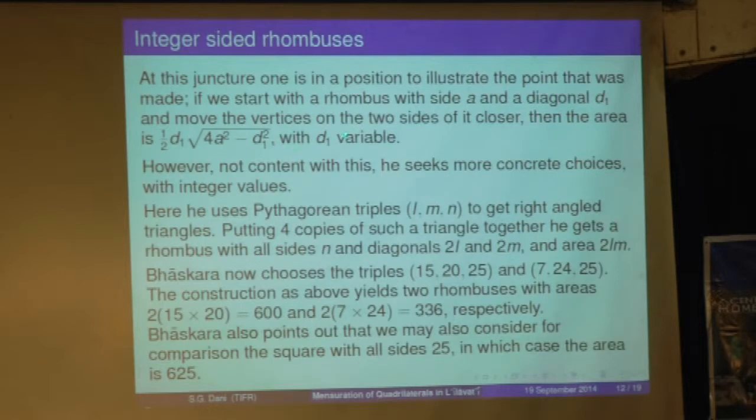Now he's not content with this general formula; he would like to actually construct specific examples, and for that he bases himself on Pythagorean triples.